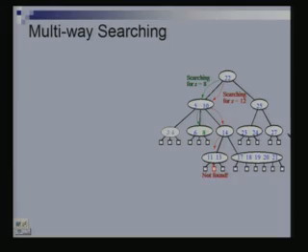Is this clear? If you look at this key, everything to the left is less than 5, everything more than 10 is in the right subtree, so we now have 3 children.